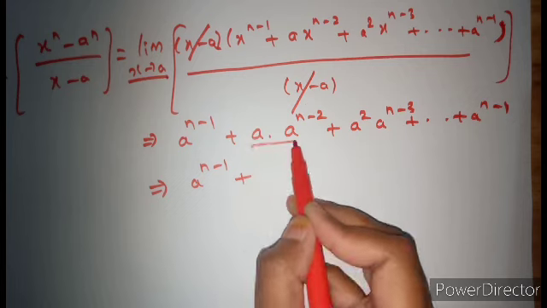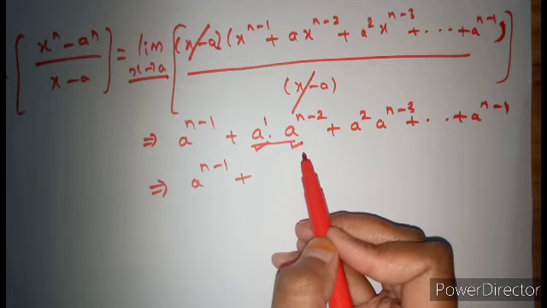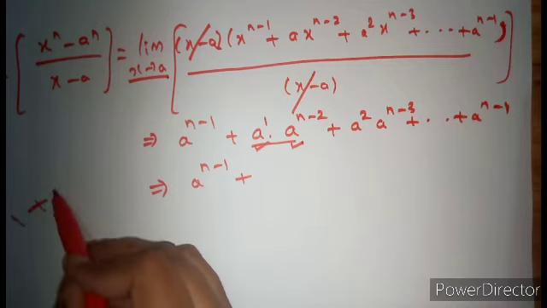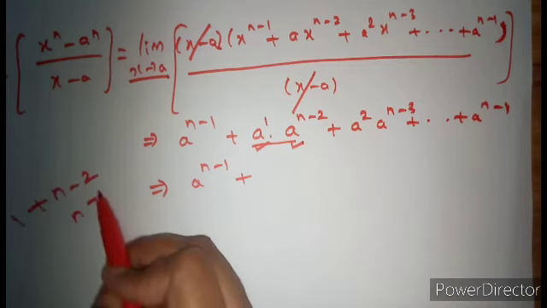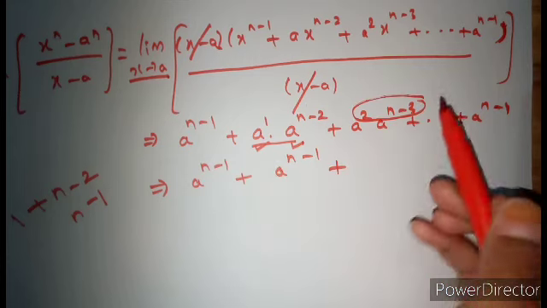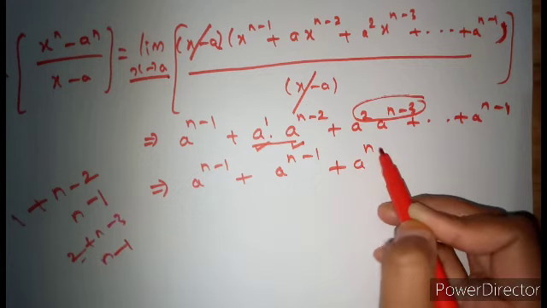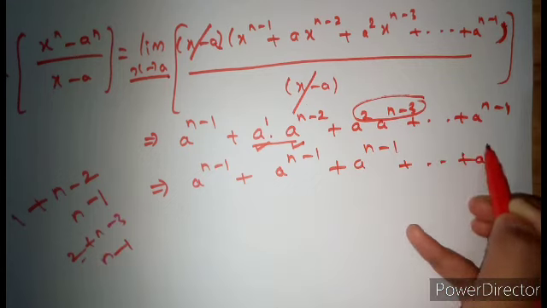So here we have a and here also we have a. The power of this one is 1, so 1 plus n minus 2, n as it is, 1 minus 2 is minus 1. So a power n minus 1. Again add these two, 2 plus n minus 3, and 2 minus 3 is minus 1. So here we have n minus 1 and so on up to a power n minus 1.